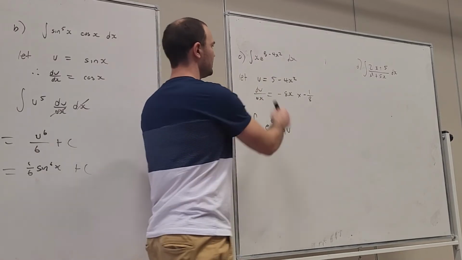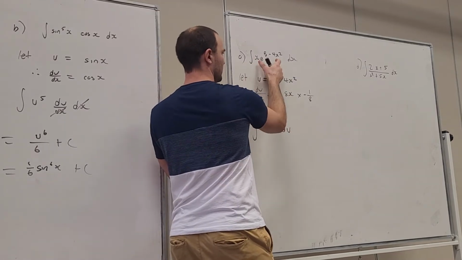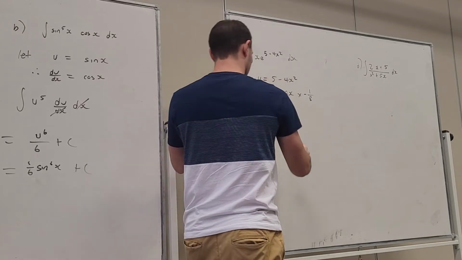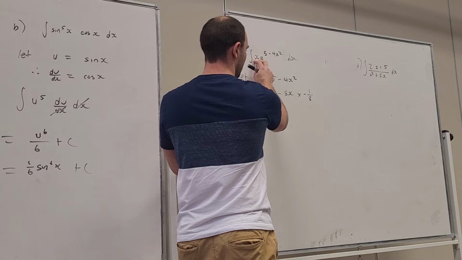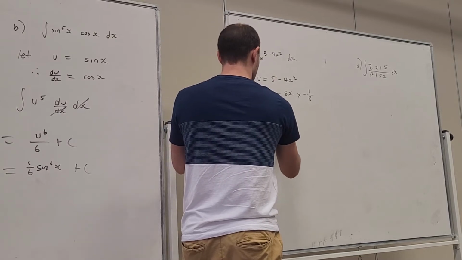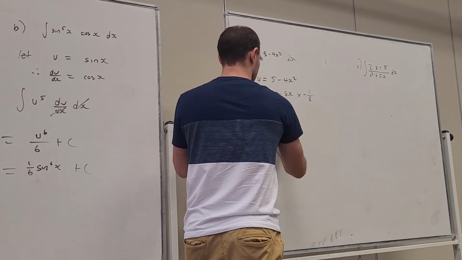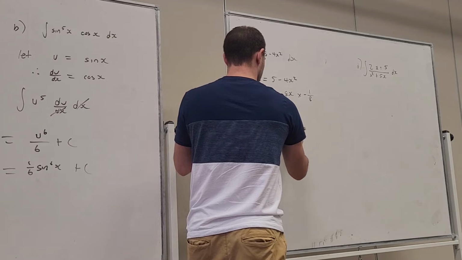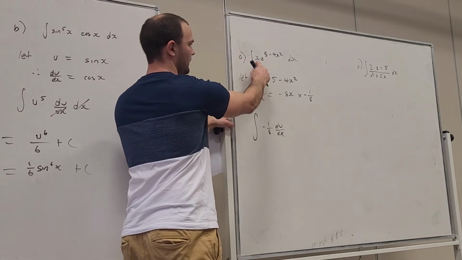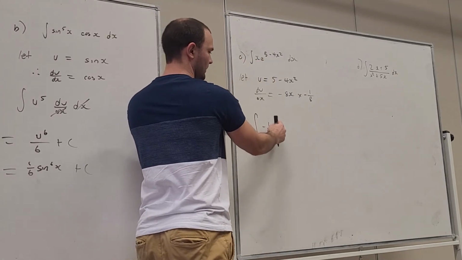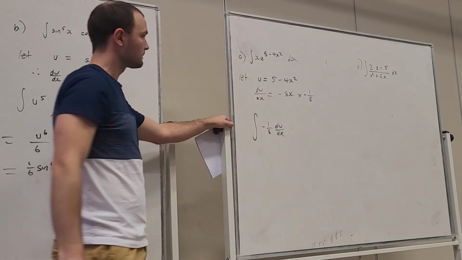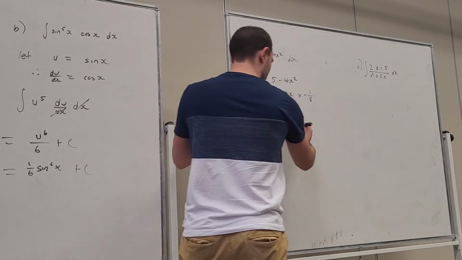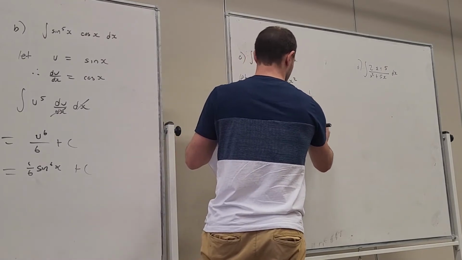So really what we've got here, let's do this front part first. It's minus 1 on 8 lots of du on dx. Minus 1 on 8 times du on dx will give you positive x. We have e to the power of u, and then we have dx.